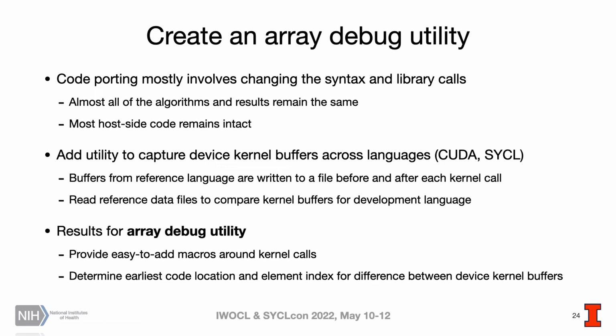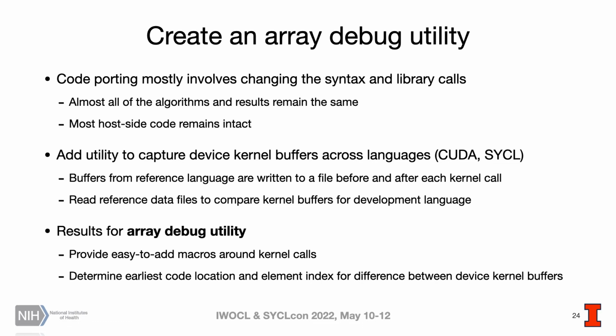Note that code porting mostly involves changing the syntax and library calls. Almost all of the algorithms and results remain the same, and most host-side code remains intact. We added a utility to capture device kernel buffers across different languages, in this case CUDA and SYCL. Buffers from the reference language are written to a file before and after each kernel call.